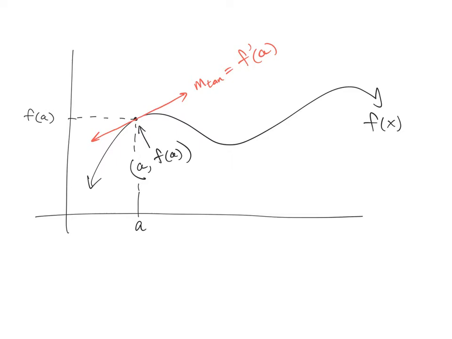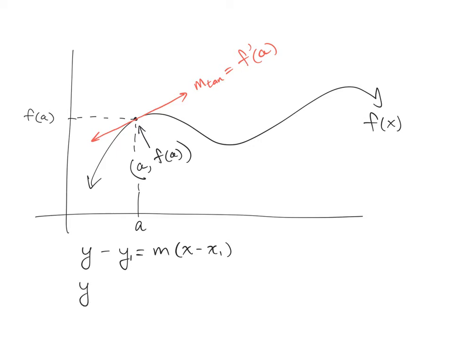So what we ended up doing at that point was saying, if we were being very, very general about it, we would say that y minus y1 equals m times x minus x1. And you can see that the point that we know is f of a. That's the y value there, so I'm going to substitute that in.